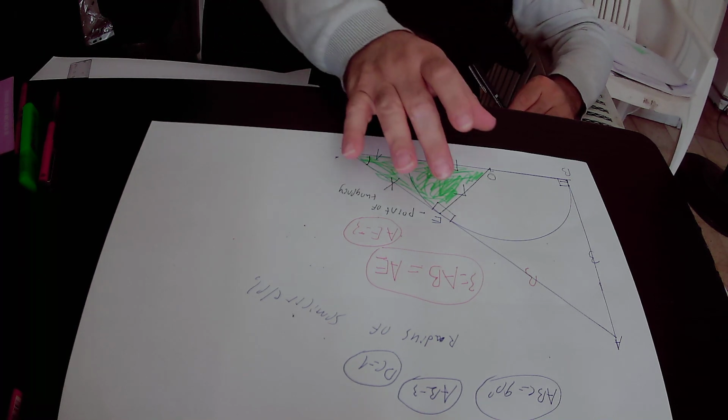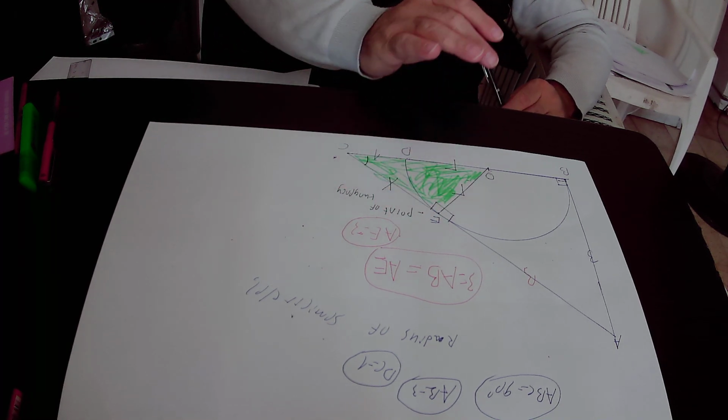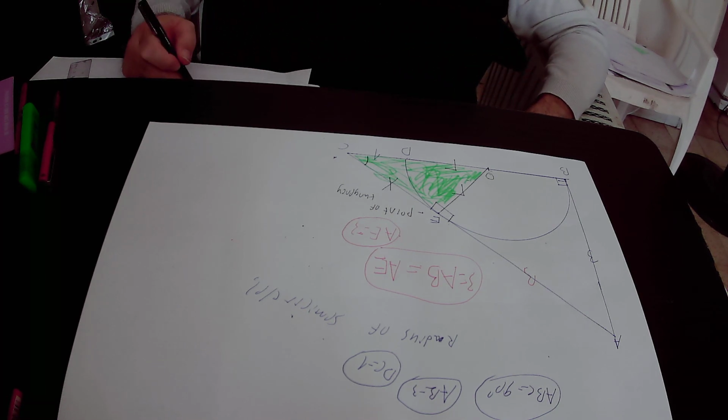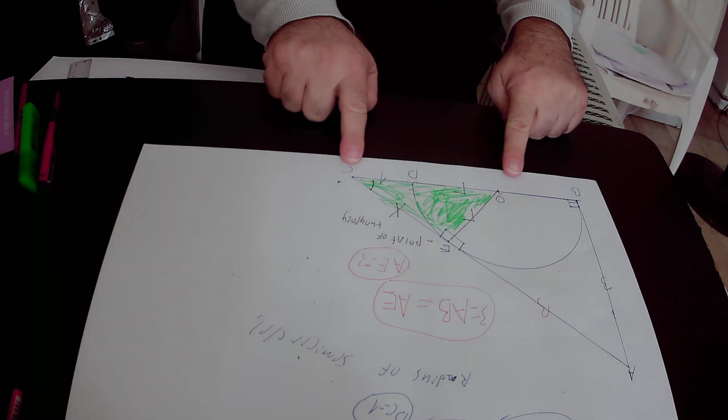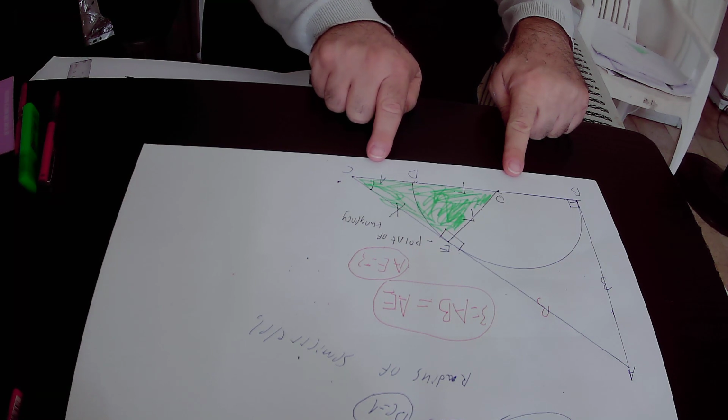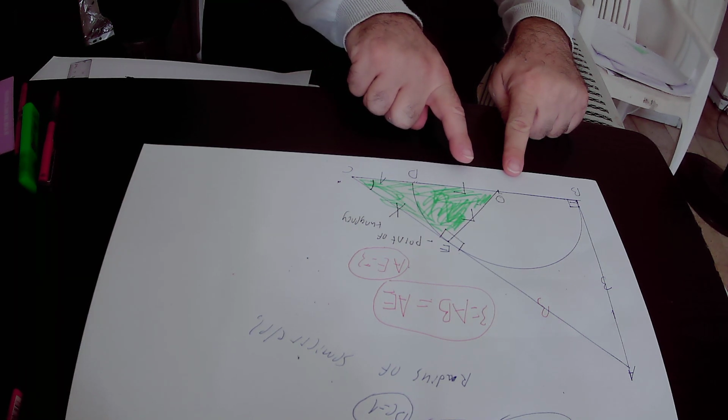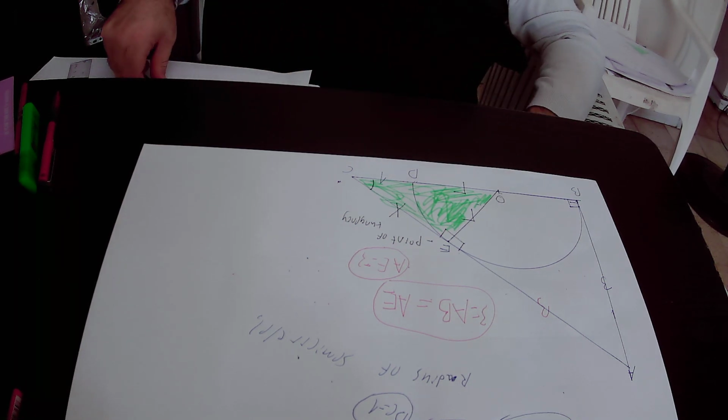What is the value of OE? OE equals R, the radius of the semicircle. And what is the value of OC? OC equals R plus 1.